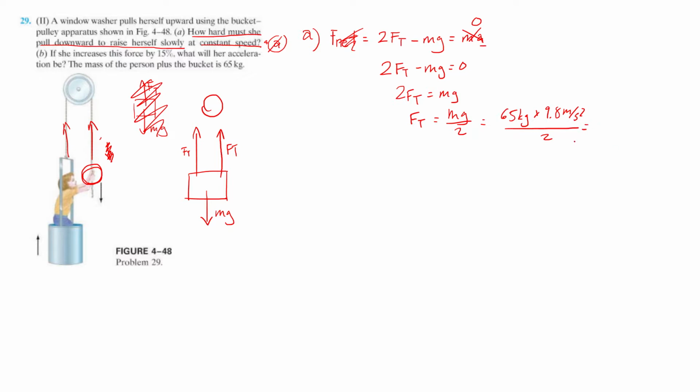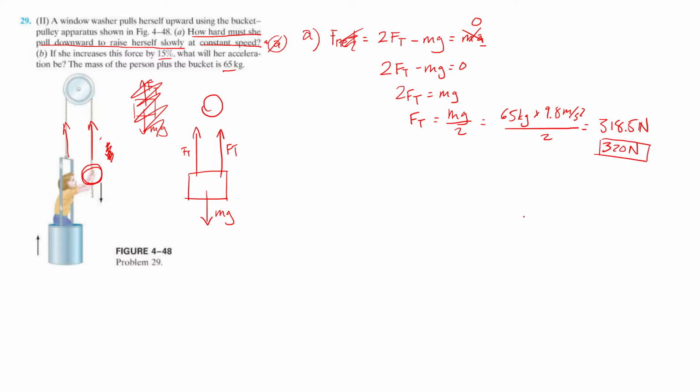And I got 318.5 newtons. How many sig figs do we need? 15, 65. I got to put it to 2 sig figs, so 320 newtons. That's part A, right?